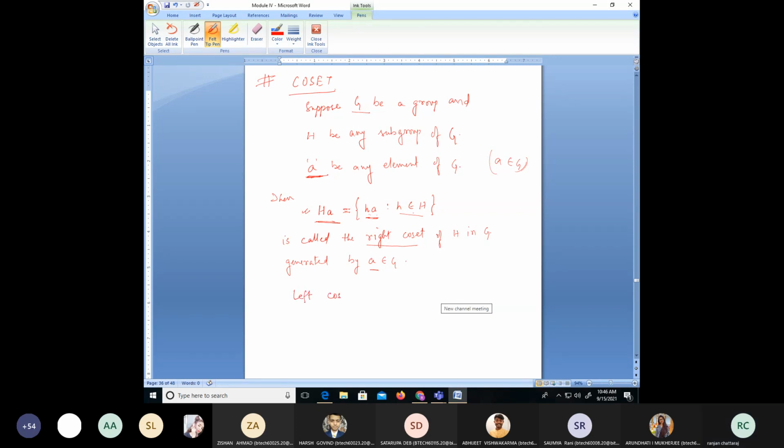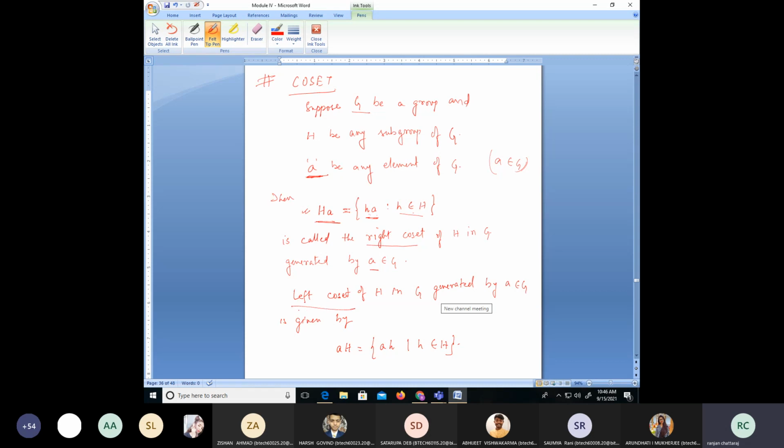The left coset of H in G generated by A belongs to G is given by AH, that is equal to A into h, where h belongs to H. So this is your left coset.